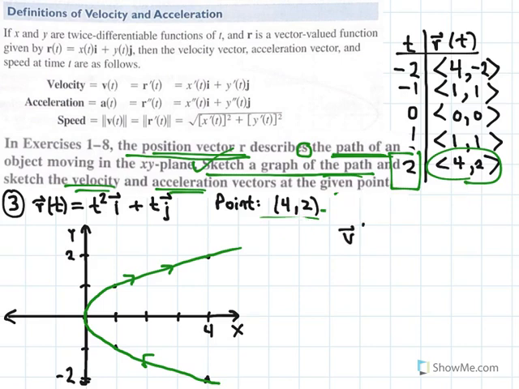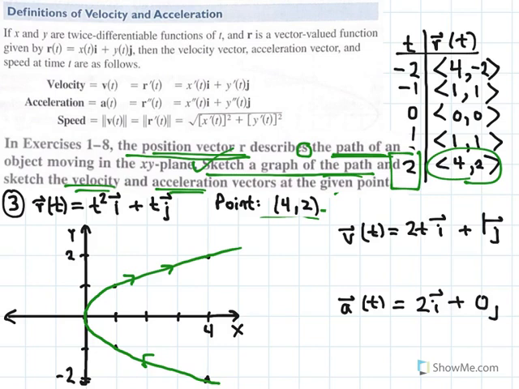So the velocity vector is found by differentiating each component of the position vector. So the derivative of t squared is 2t, so I have 2ti. And the derivative of t with respect to t is 1, so I have 1j. And the acceleration vector would be the derivative of 2t with respect to t is 2, and the derivative of 1 with respect to t is 0.